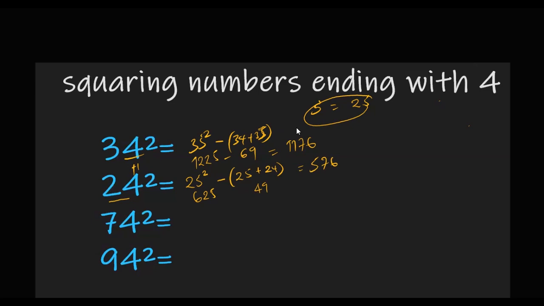So how about then 74 squared? So this one will be also equal to 75 squared minus 74 plus 75. And this one will give you 149. And this one, 75 squared, like you know, will give you 5625.